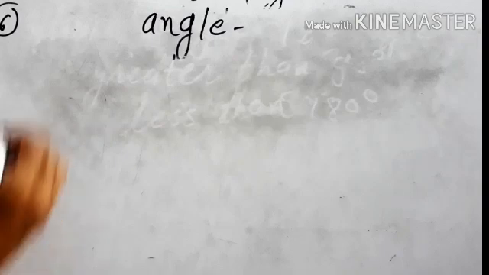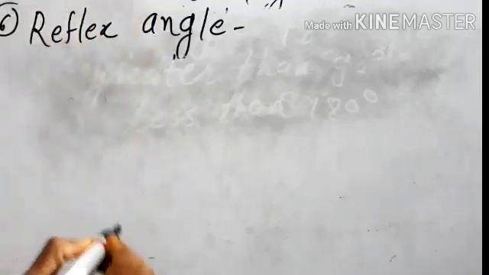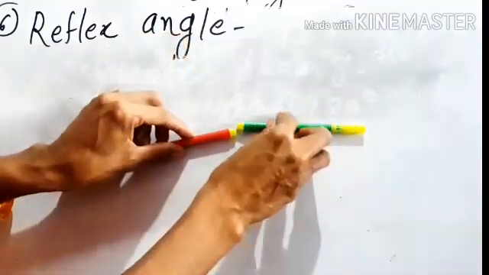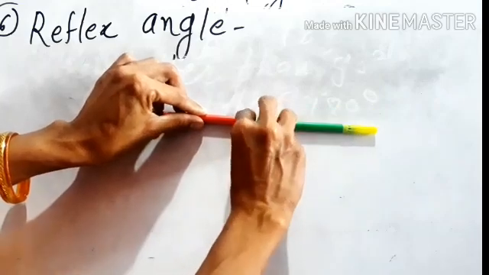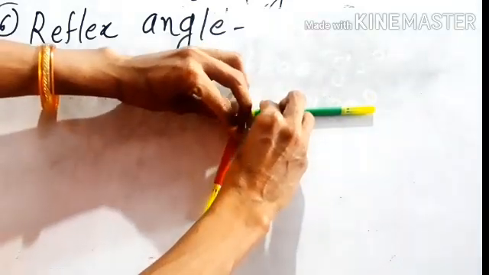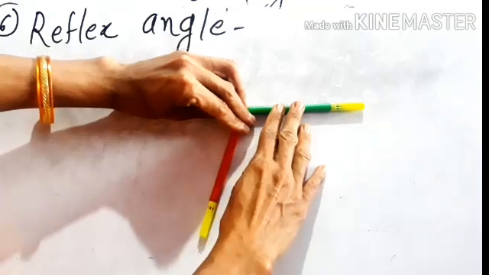Our sixth one is the reflex angle. What is meant by reflex angle? A reflex angle is greater than 180 but less than 360. Students, see, this was a straight angle. Now if I turn this pen towards this direction, this type of angle is known as the reflex angle.